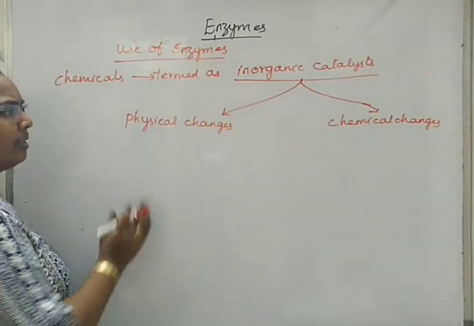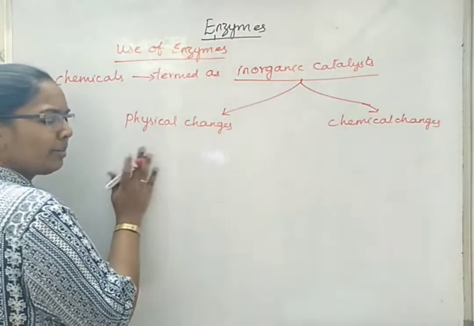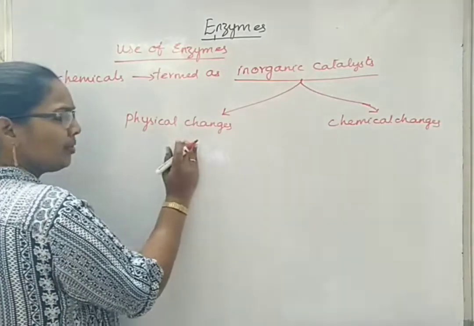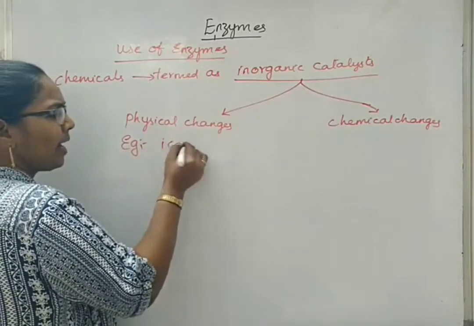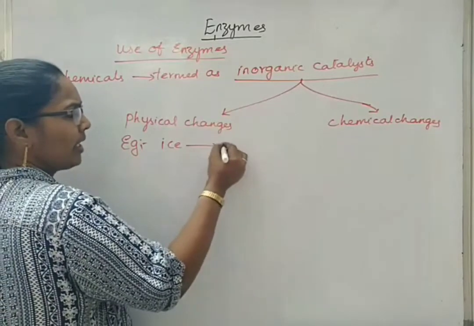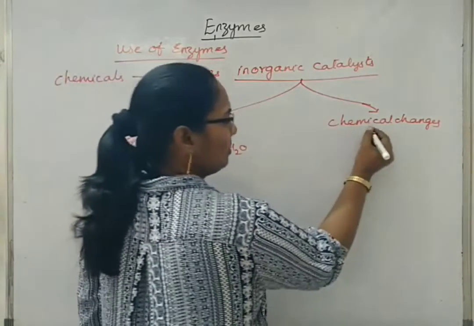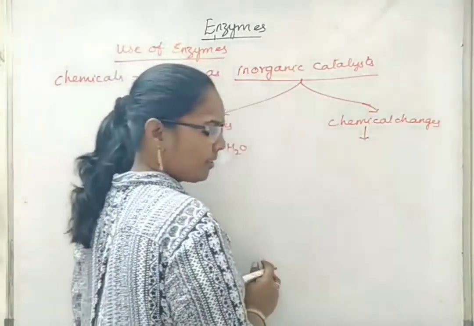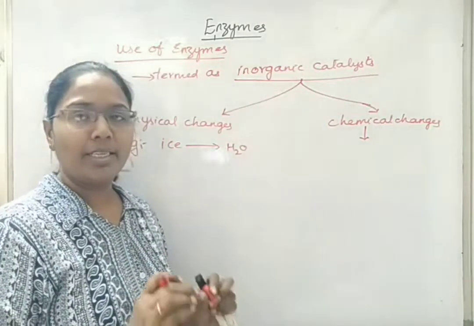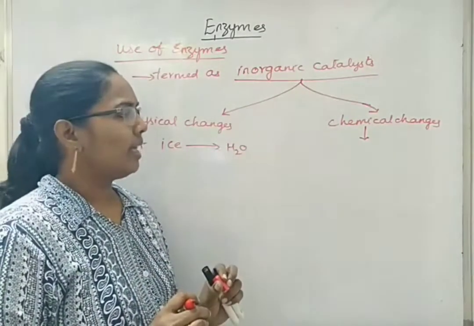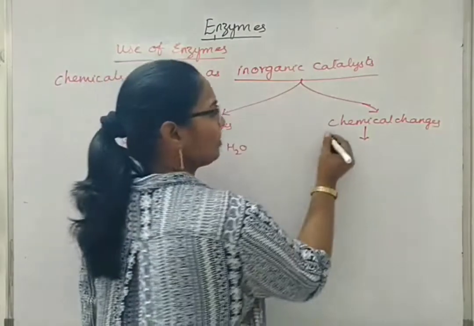As an example of physical change, ice, which is solid in nature, is getting converted to water, which is liquid form. Coming to the chemical changes, here by breaking the bonds, the energy is released, but the energy is very less in amount. That is not sufficient for the living organisms to survive.